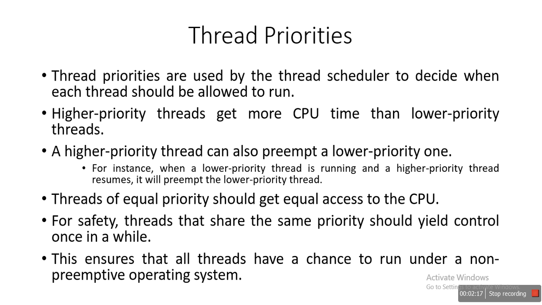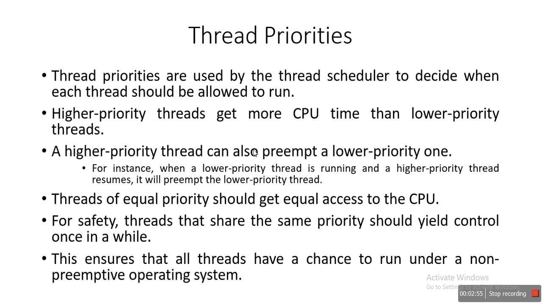A higher priority thread can also preempt a lower priority one. Meaning if a lower priority thread is executing with the CPU allocated, and a higher priority thread wants to execute, it can acquire the CPU.